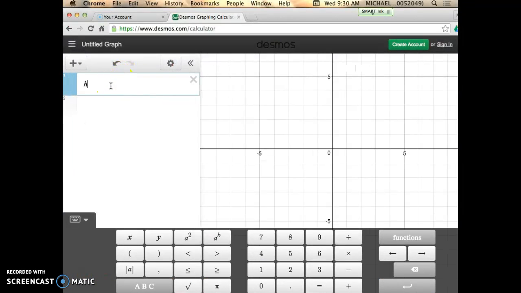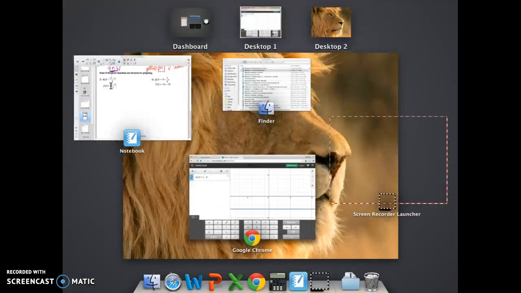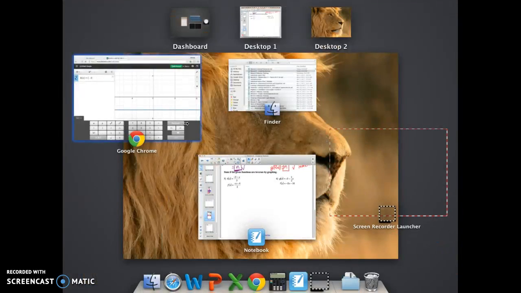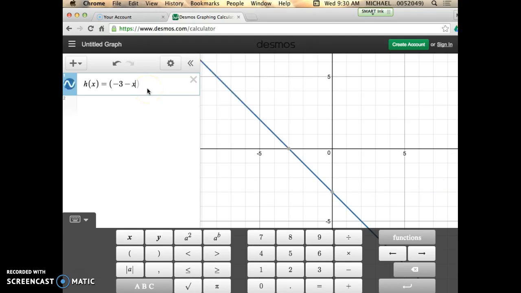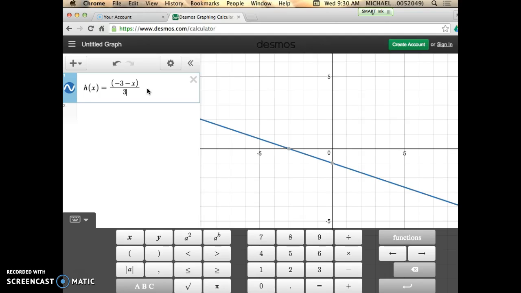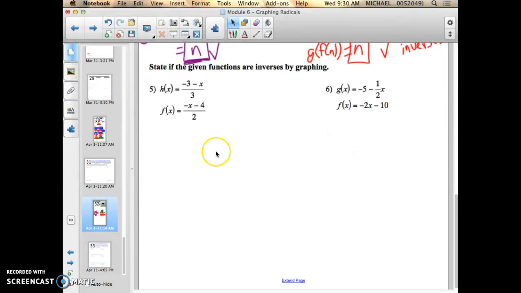So, h of x equals, I got to put that in parentheses because it's a grouping, -3 minus x, close the parentheses, all that is being divided by 3. That's my first function. I hit enter to go down to the next option.